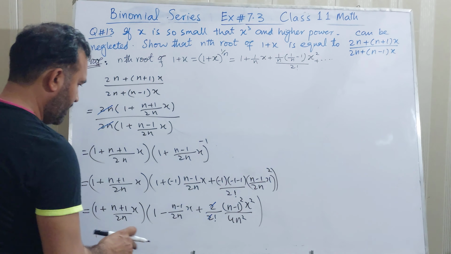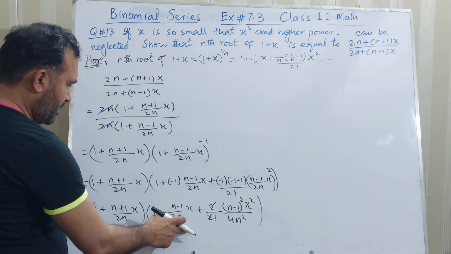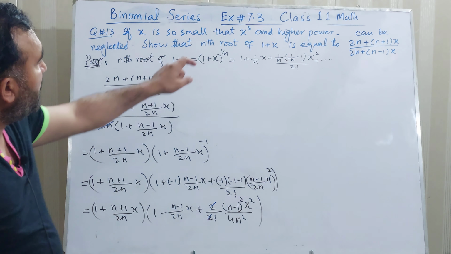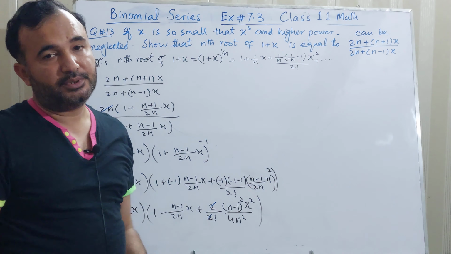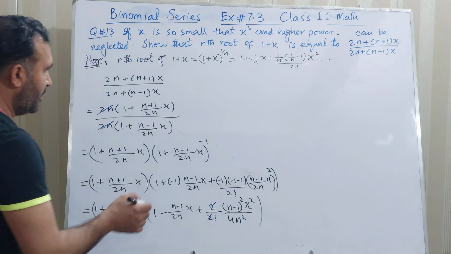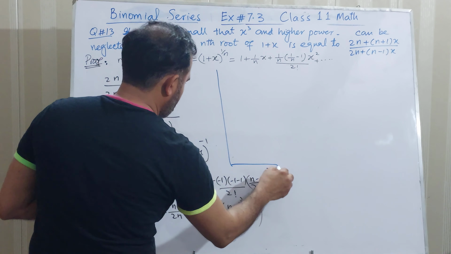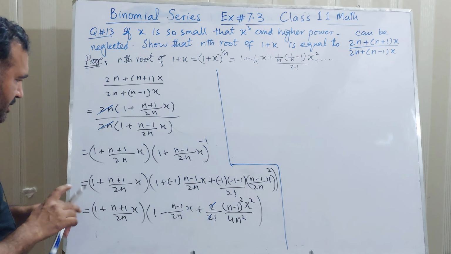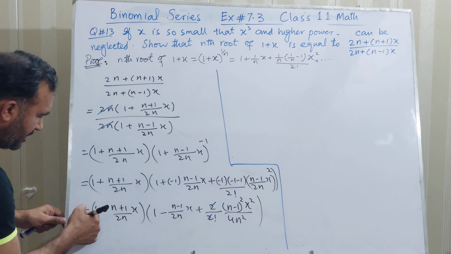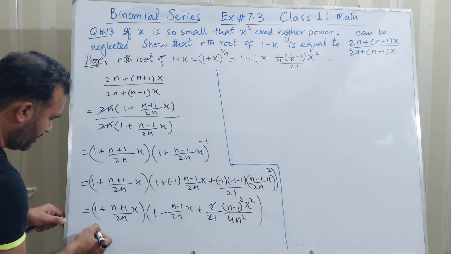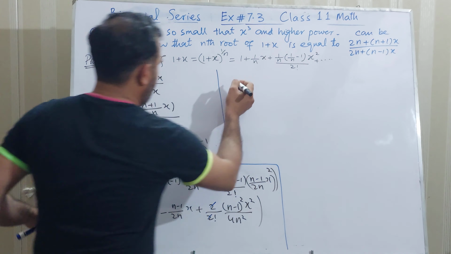And now we are going to multiply these two brackets such that we will not write x cubed, okay?